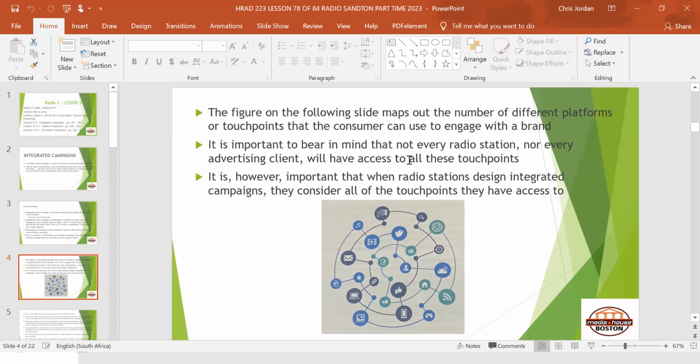It's important to bear in mind that not every radio station, or not every advertising client, will have access to all these particular touch points, and their audiences might not be strong there either. For example, they might find a lot of email communications through the Mailchimp they're using to send well-constructed weekly mails.